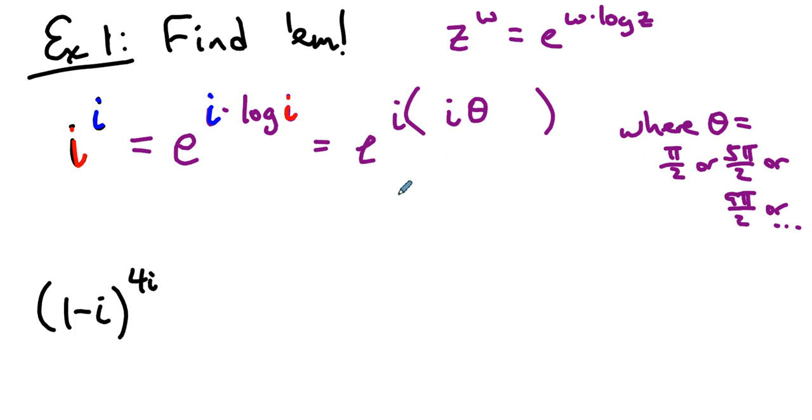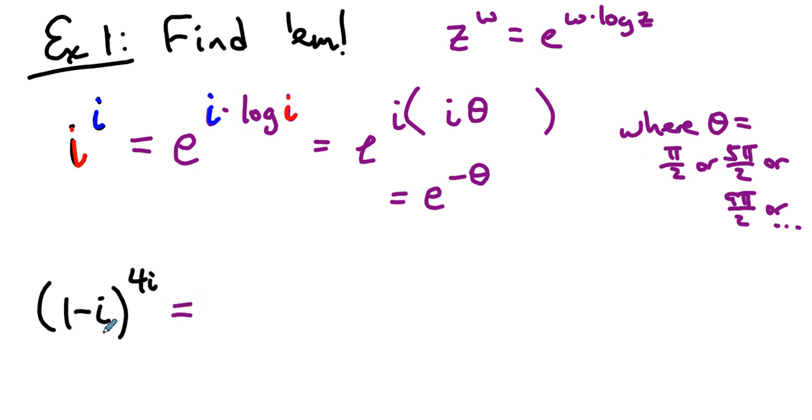What is this? Well, i squared is still -1. And so i to the i is e to the negative theta, where theta is any of those numbers.